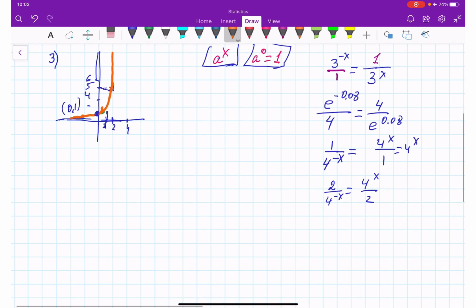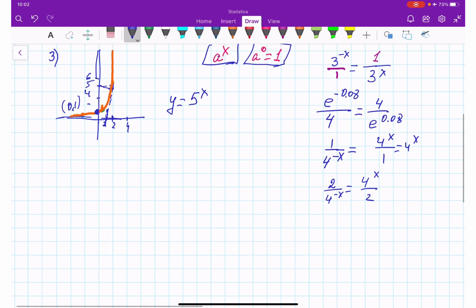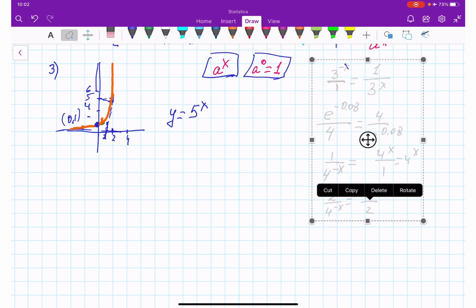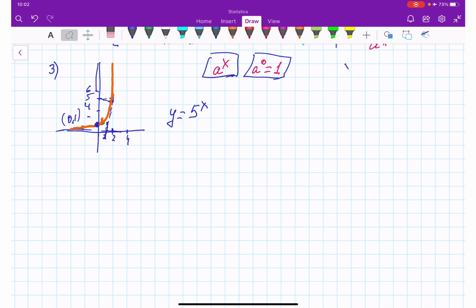Okay, so this one is 5 to power x, right? So we get y is equal to 5 to power x. Let me draw something else as a draft here. I will clean this one so I will have space for more drafting. I want to make sure we understand it well.